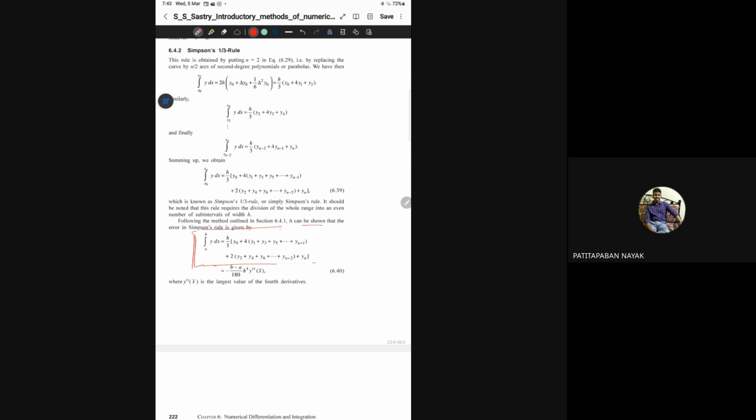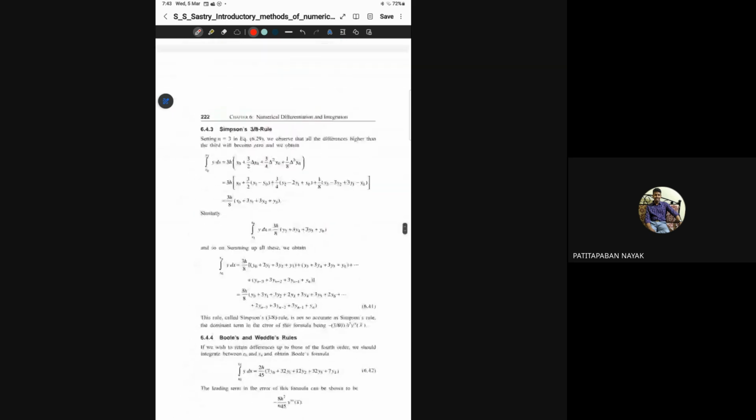It is y0 plus 4 times y1, y3, y5, so all odd terms get multiplied by 4, all even terms by 2, then the first term and the last term. This is slightly more accurate because, instead of taking end-to-end points, it is taking the midpoints.